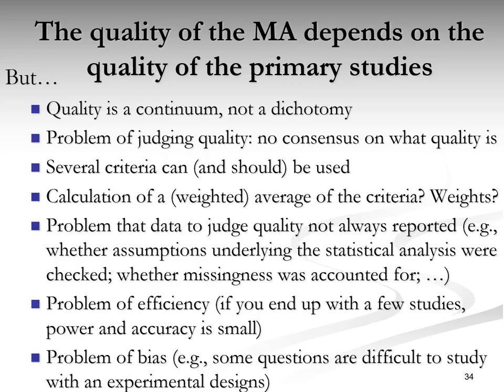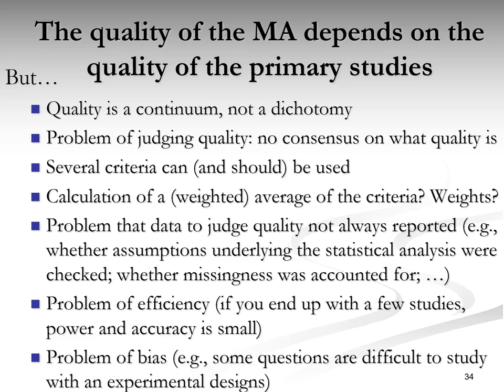Another problem is how to judge quality. If you ask multiple people what a qualitatively good study is, probably you will get different answers. So there are a lot of criteria that can be used. And maybe it's also a good idea to use multiple criteria.